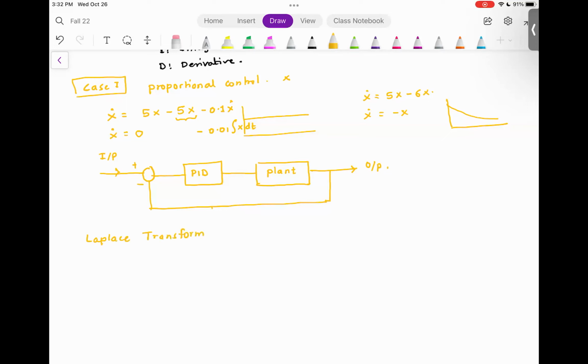I promise, I'm not going to ask you to calculate or derive Laplace transform or solve, but I want some common sense answer. Yes. Space to time, time to space, time to frequency, frequency to time. Okay. Time to frequency.